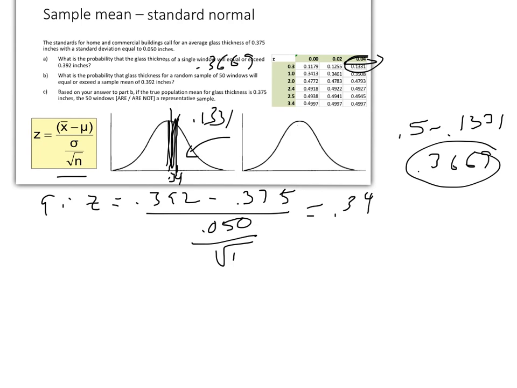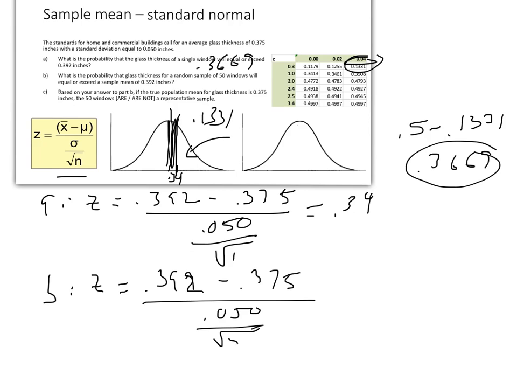Now, if we have a sample of 50 that yields an average, an x-bar of 0.392 inches, we would then have part B, and that's going to be z equals 0.392 minus 0.375, over 0.050 over the square root of 50.